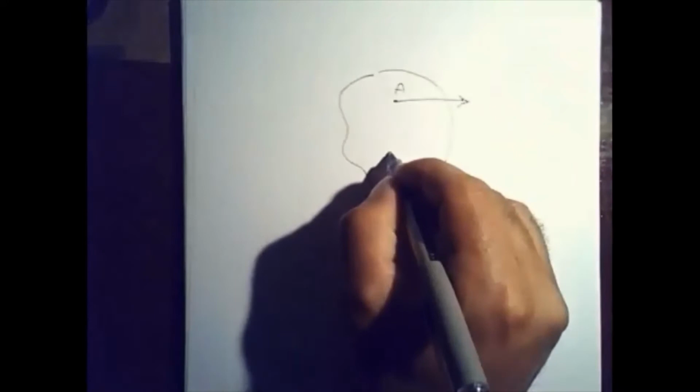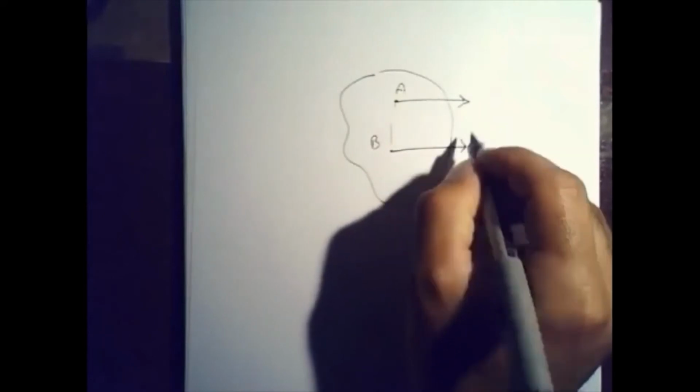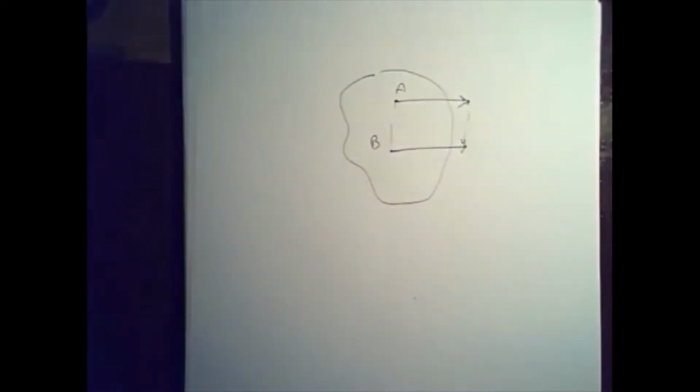Let's say your point was here, and another point is right below it, and let's say this point has the same velocity as this one. Then what is the instantaneous center of rotation? Can you guys take a guess, Julien or Len? Yes, it should be in the middle between A and B at mid distance.